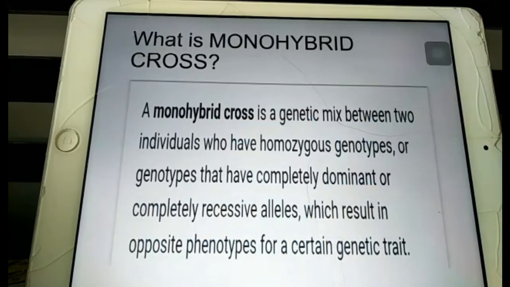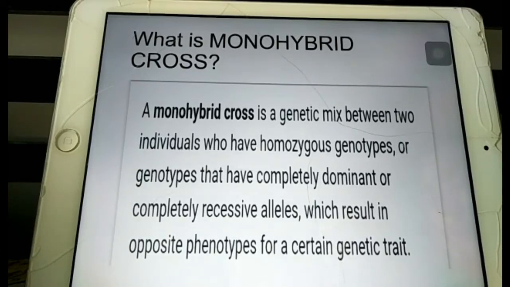Now we will talk about monohybrid cross. Basically, a monohybrid cross is a genetic mix between two individuals who have homozygous genotypes, with completely dominant or completely recessive alleles, which result in opposite phenotypes for a certain genetic trait.